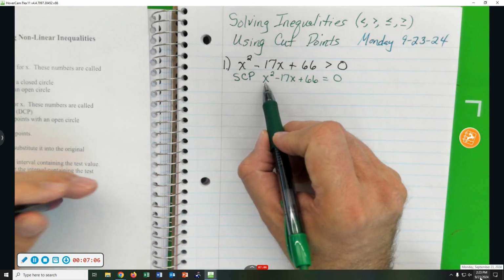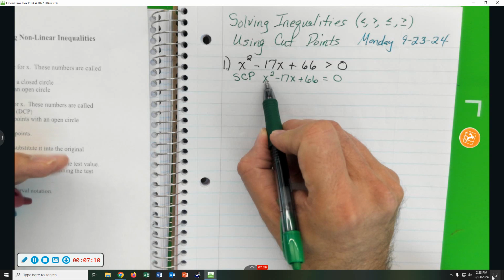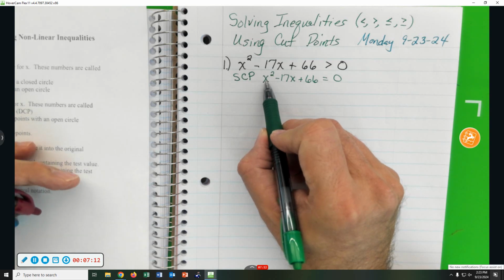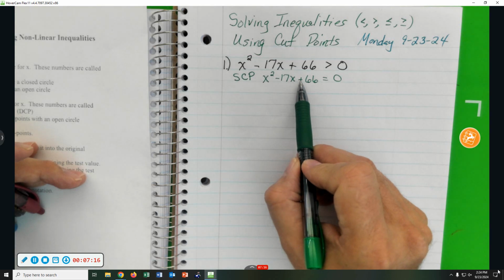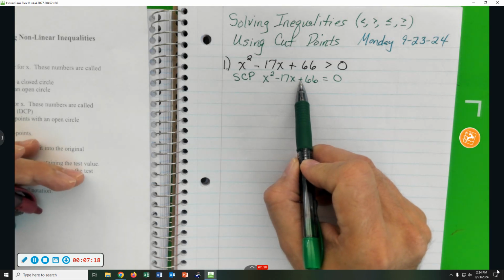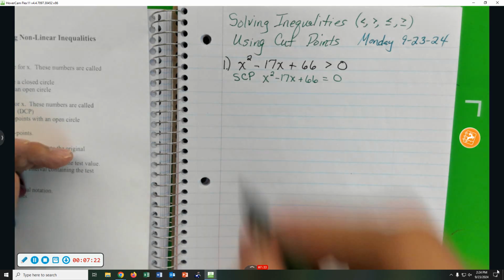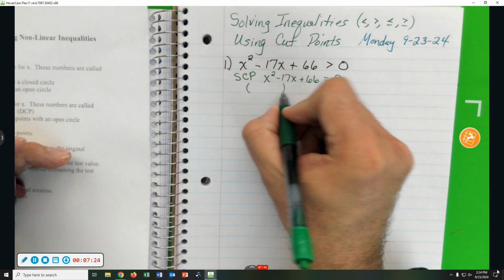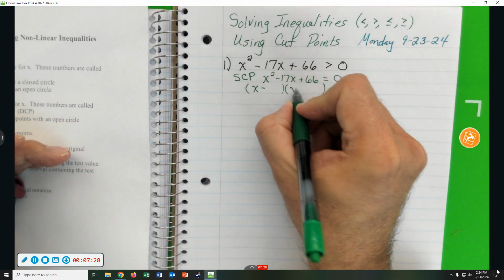So let's try to factor it. A simple trinomial because there's not a number in front of the x squared other than the invisible 1. The second sign is plus here, so what sort of signs will we have in the factored form? 2 negatives, 2 minuses. So I'm going to draw my 2 sets of parentheses and write x minus.